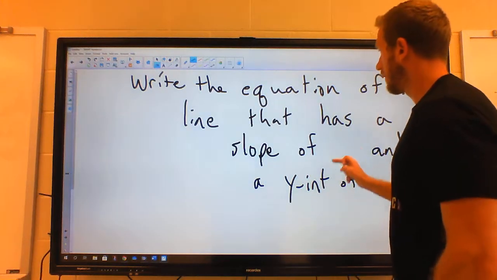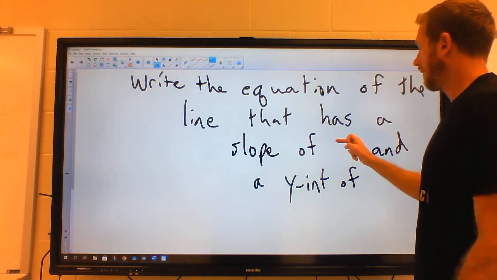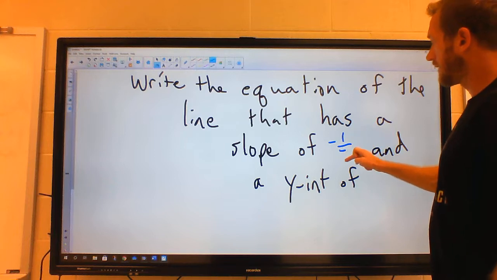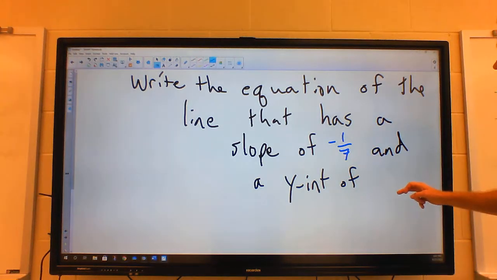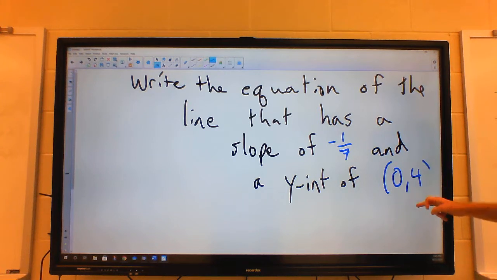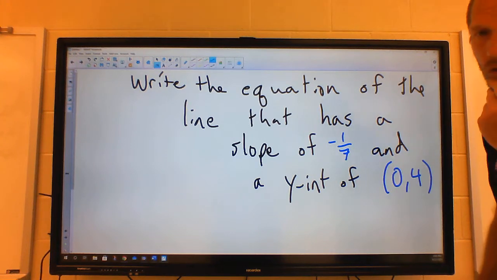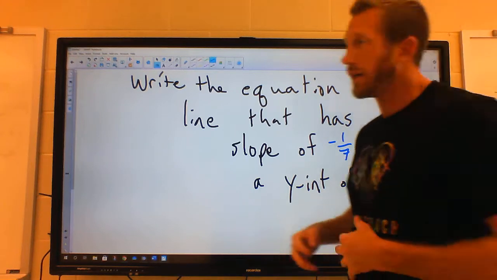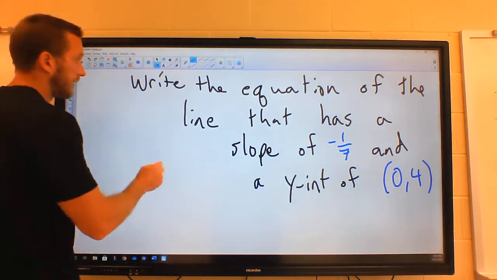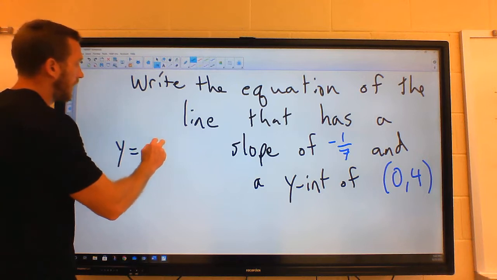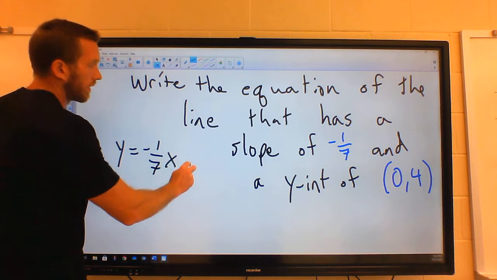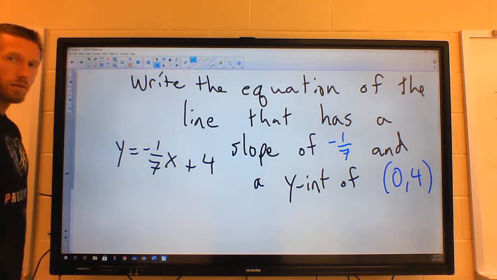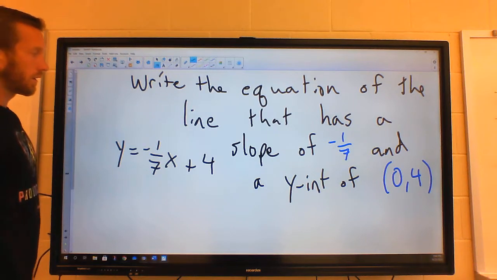All right, let's go with a slope of -1/7 and a y-intercept of 0, 4. Okay, press pause, and then go ahead and unpause it. Okay, y equals -1/7 x plus 4. All right, so far so good.